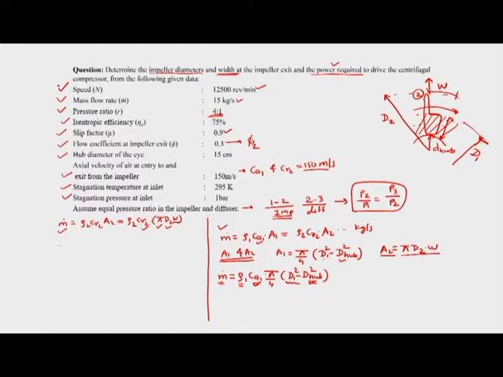So P3 upon P1 is 4, but what is that? Equal pressure rise, so we would expect both to be 2. So P2 by P1 is equal to P3 by P2 is equal to 2. So this is what is known to us.